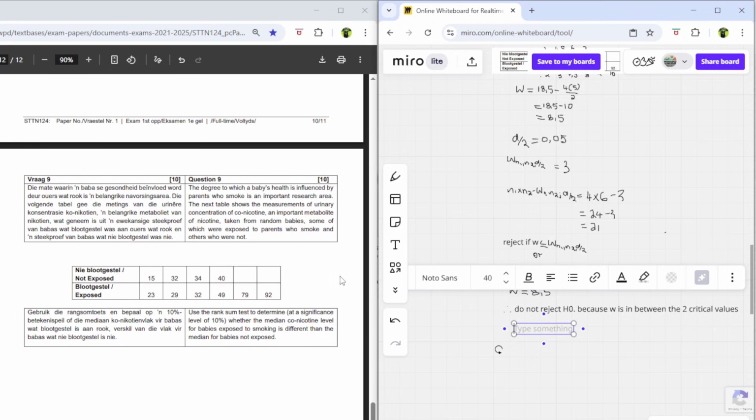The initial statement is that we are testing if the median nicotine level for babies exposed to smoking is different.